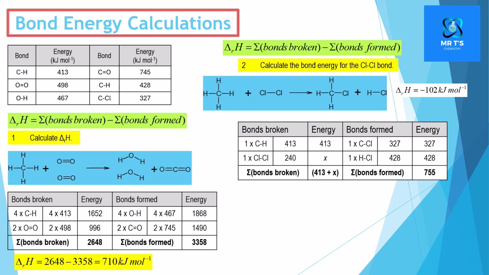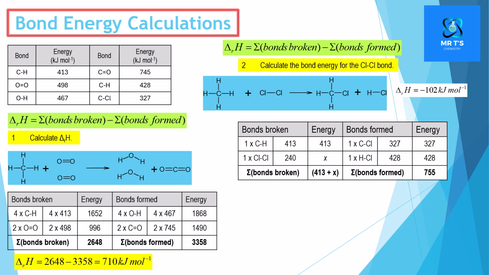So in order to form this molecule on the right from the molecule on the left, I have to break the CH bond, but I don't have to break all 4 of them because I already keep 3 here intact. So I'm breaking a CH bond, I'm breaking a Cl to Cl bond, I'm forming a C to Cl bond and an H to Cl bond.